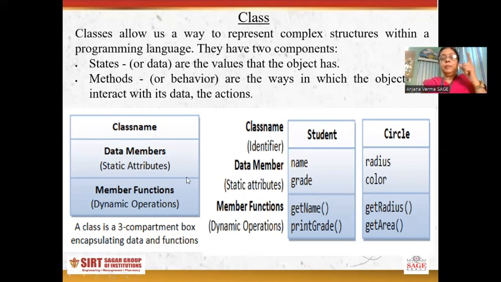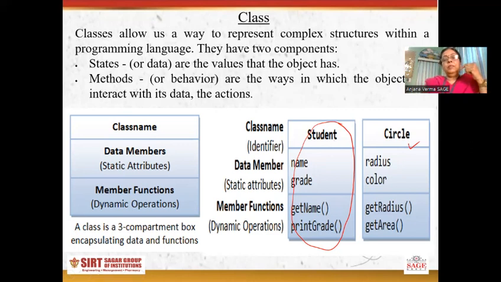For example, student is a class, circle is a class. This is the class diagram of student. This is the class diagram of circle. The student class has 2 attributes, student name and student grade. Attributes means the properties which are correlated with the class.